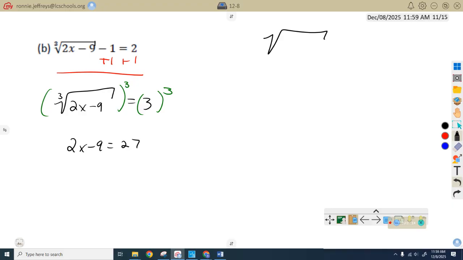And then we add the 9. 2x equals 36, and then we do what? That's right. So x equals 18.